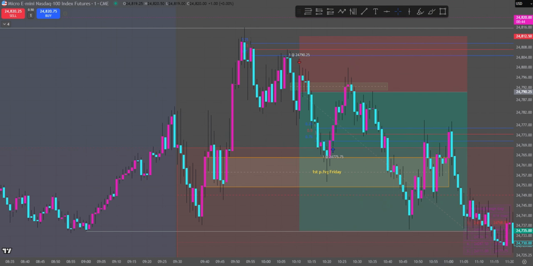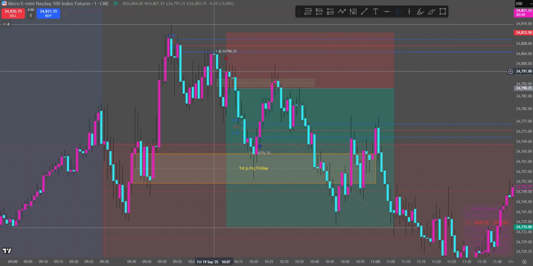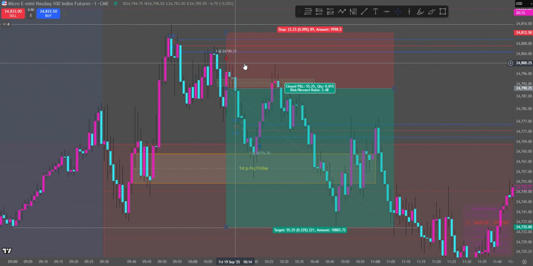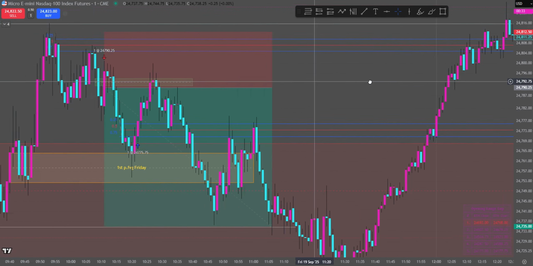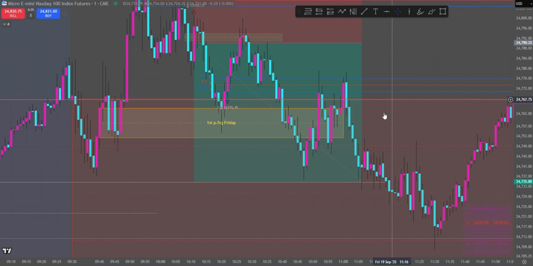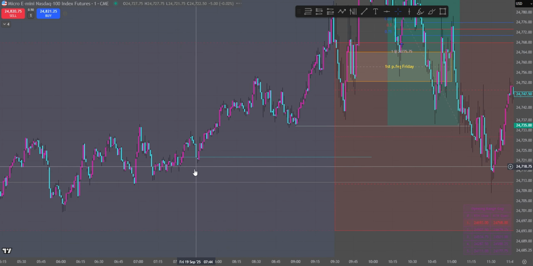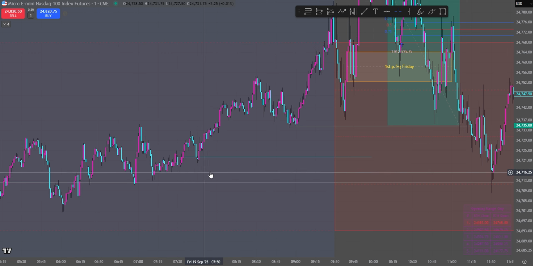Now, what do I learn from this? Okay, we came back up, tapped in there, swept a little bit more liquidity, left ourselves some more relatively equal highs, which later in the day we come to absolutely blow through, because by that point we have taken this pre-market liquidity here, we've taken these equal lows right here, we've taken these relatively equal lows right here.